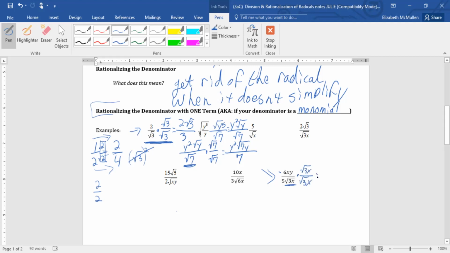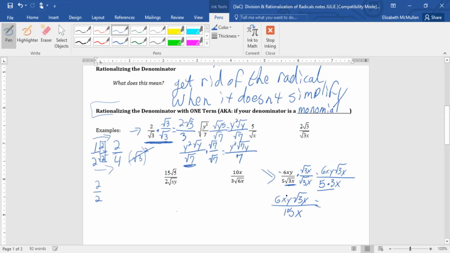Let's do our multiplication. So this is 6xy radical 3x over 5. And remember, radical 3x times radical 3x gives me just 3x. And then I multiply my 5 times my 3. So 6xy radical 3x over 15x.